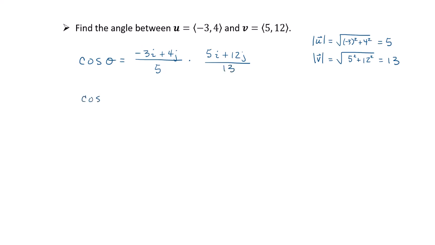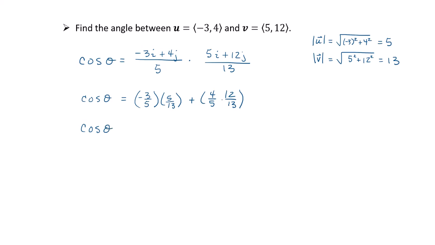So the cosine of theta is equal to negative 3/5 times 5/13 plus 4/5 times 12/13.